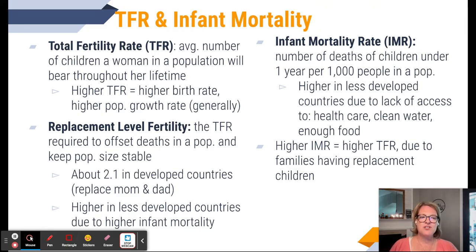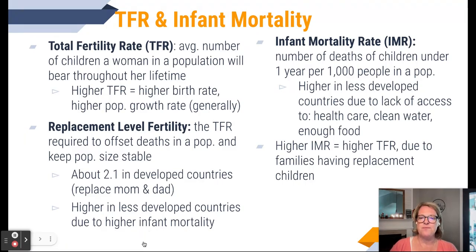This just keeps the population very stable, where the shape of the age structure diagram would be kind of straight up and down throughout the lifespan, or throughout the age cohorts. In developed countries, the replacement level fertility rate is about 2.1. This is what replaces both mom and dad in a family.